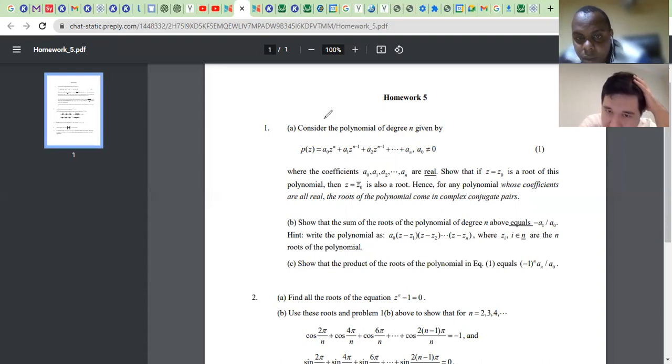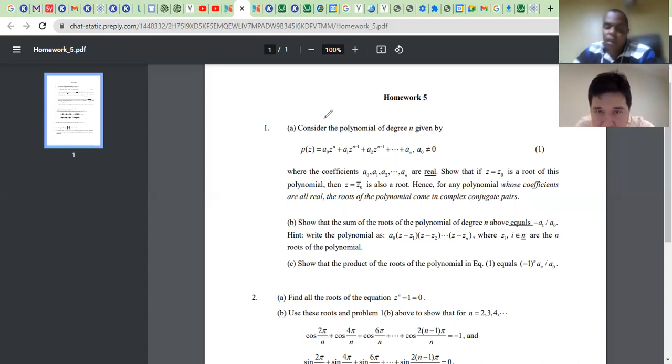Write the polynomial as A0 times Z minus Z1, Z minus Z2, and so on. But we don't have Z1, Z2. We are just assuming that Z1, Z2, up to Zn are the n roots of the polynomial.